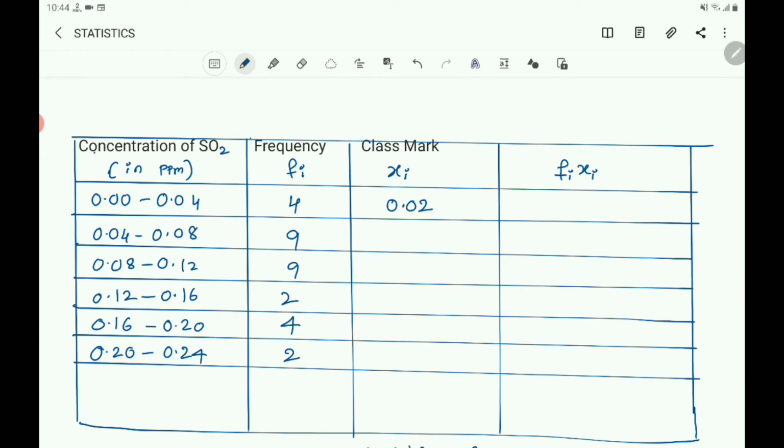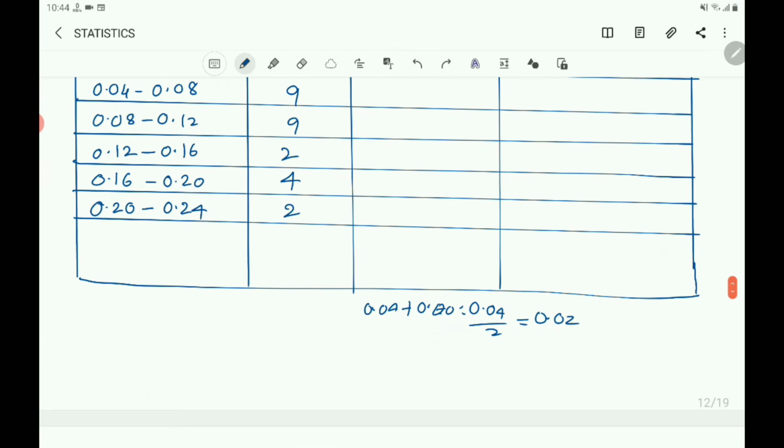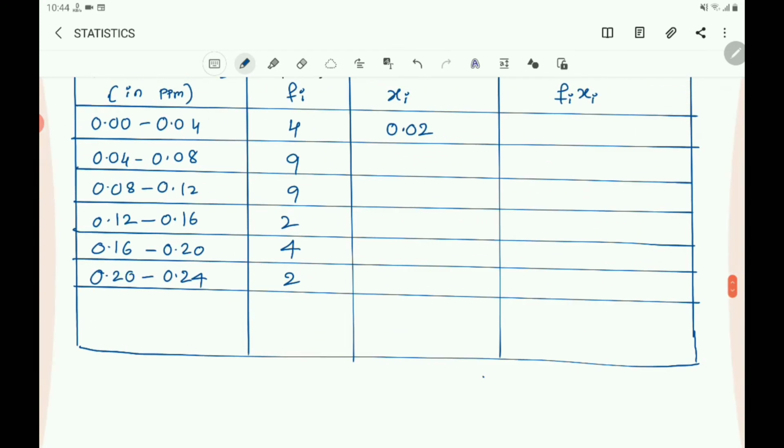Again by adding 0.04 to 0.02, you will get the class mark of the second class, or otherwise use the method 0.08 plus 0.04, that divided by 2.